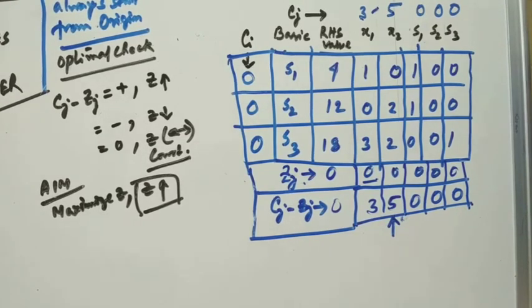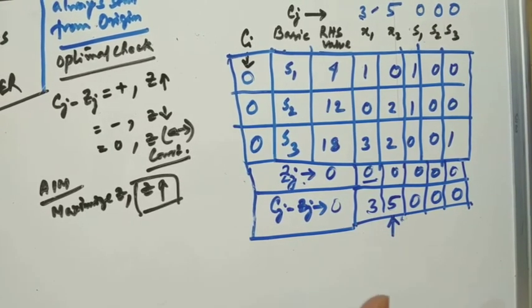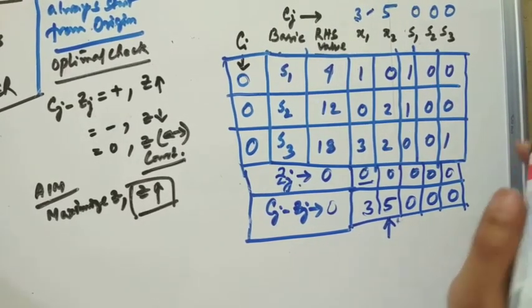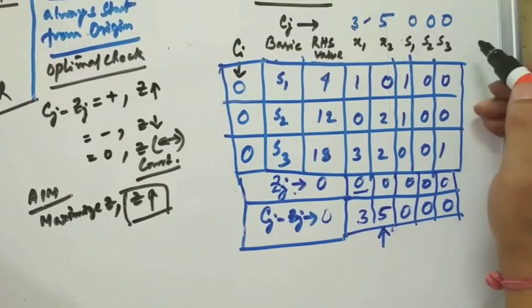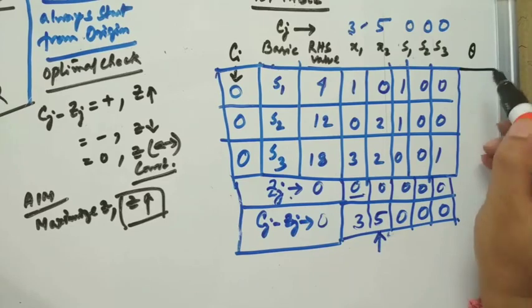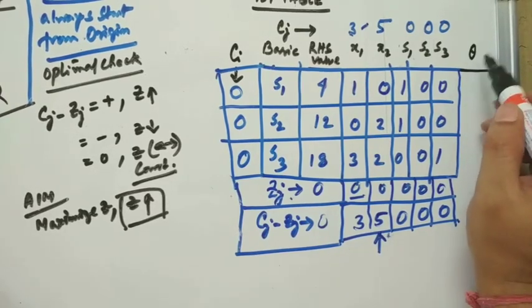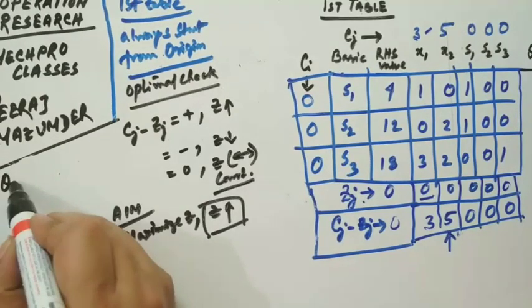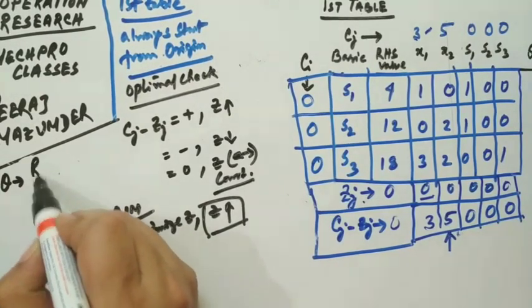Now to construct a new table, we have to know some basic terms. I will write it over here. Here you have to make another column, theta. This theta represents the replacement ratio.